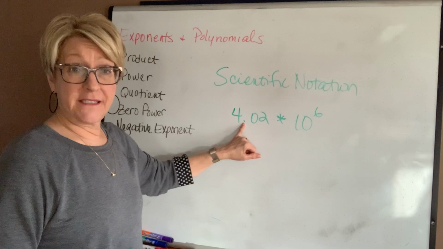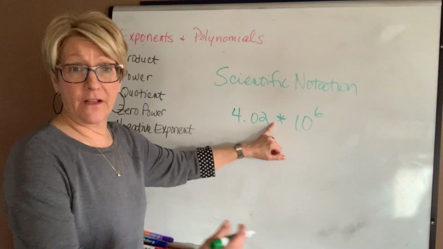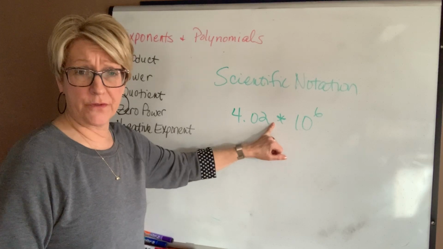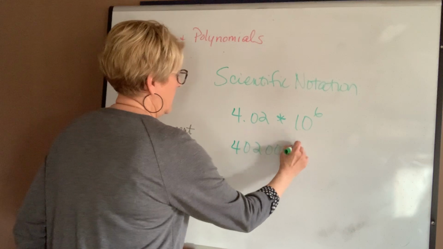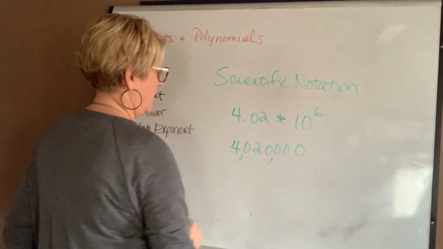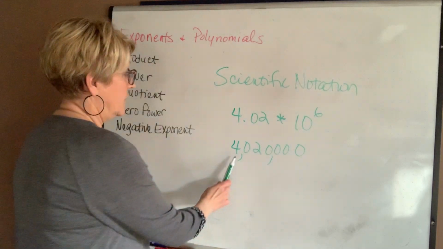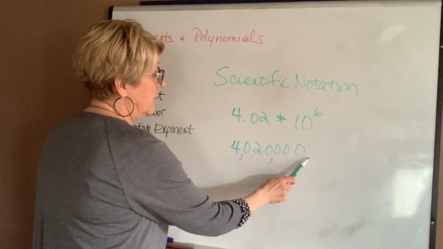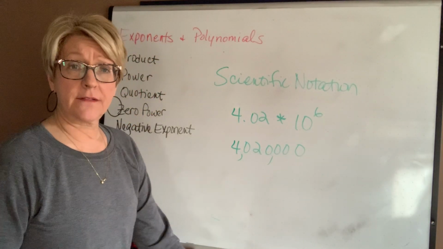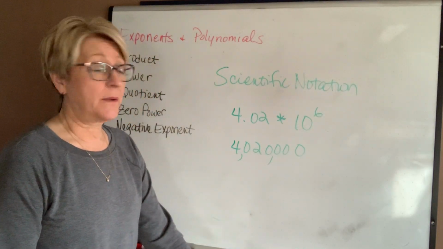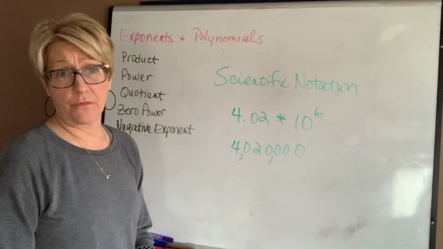To the right, 6 times. So here's 1, 2. I need to follow up with some zeros. 4 zeros, as a matter of fact. And I'm going to double check myself. So from here to here is 1, 2, 3, 4, 5, 6, 6 decimal spaces. Okay. Again, these are equal. They're just written in different forms.